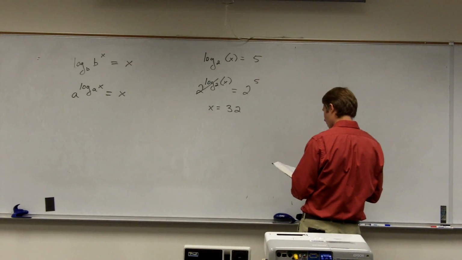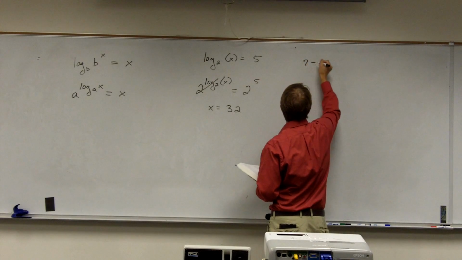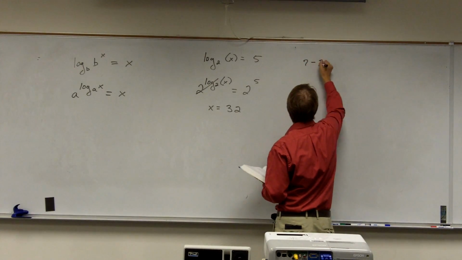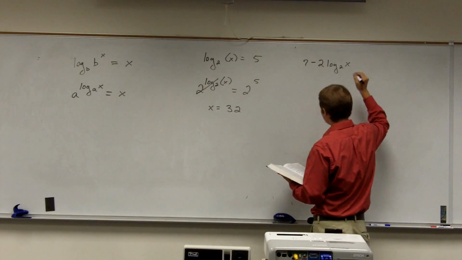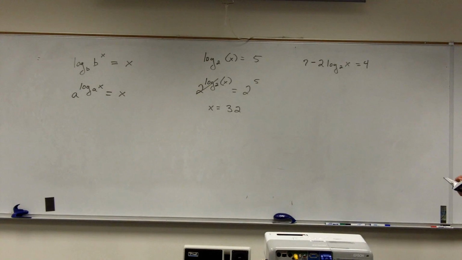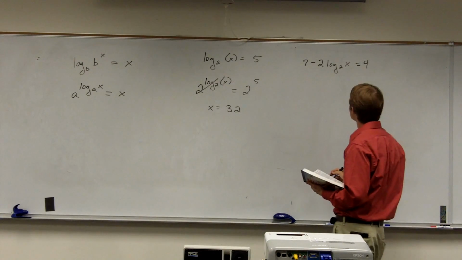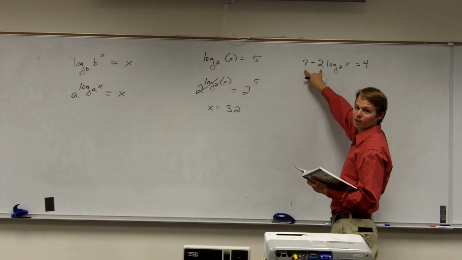So let's try another one here. 7 minus 2 log base 2 of x is equal to 4. I want to get that x out of the logarithm. What do you think? What's probably the first thing we should take care of? Getting the 2 back up as a power. Right, but before we can do that, I want to try to get rid of all this stuff here.